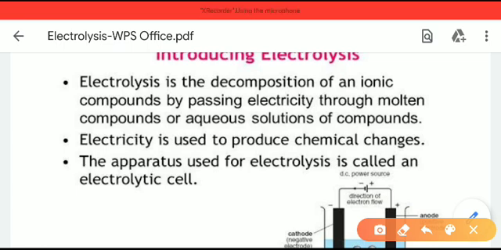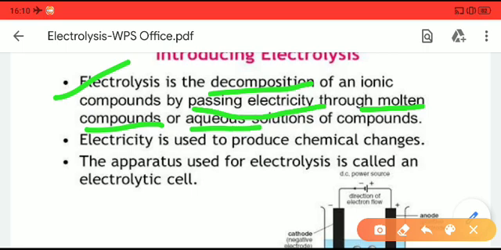Electrolysis is basically the decomposition of ionic compounds by passing electricity through the molten compounds or the aqueous solution of the compound.